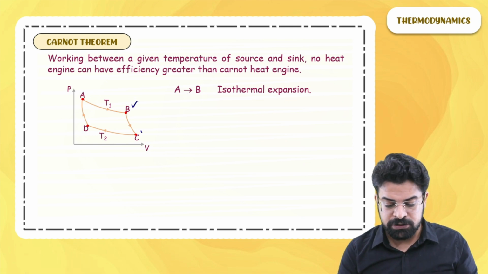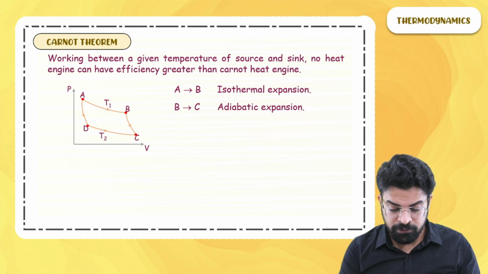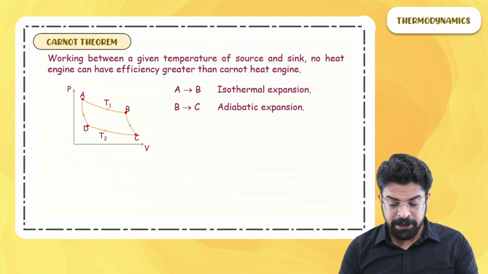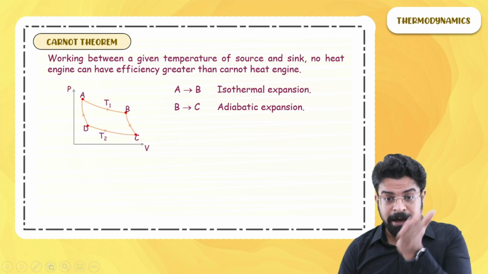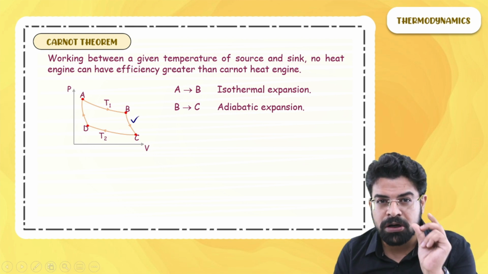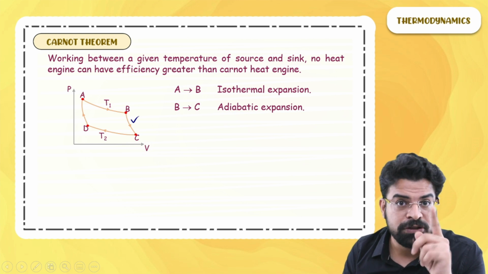Then from B to C, the gas undergoes adiabatic expansion. So see, from A to B, the volume increases. From B to C, again the volume increases, but the second curve, the adiabatic curve, is steeper compared to the isothermal because the slope of the adiabatic curve is gamma times that of the isothermal, right?